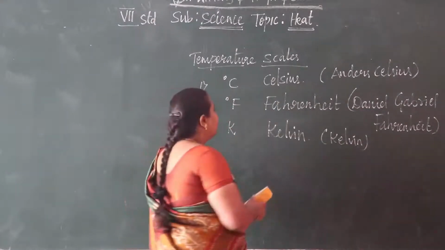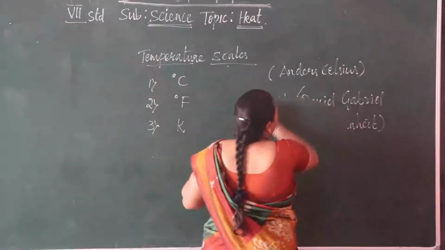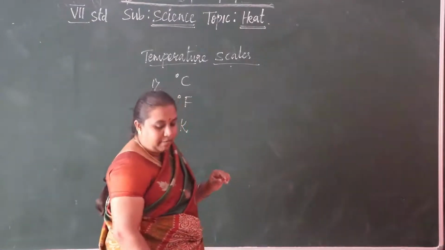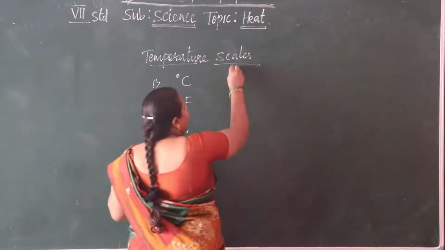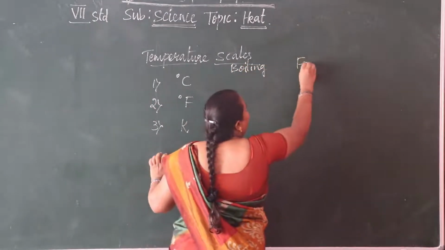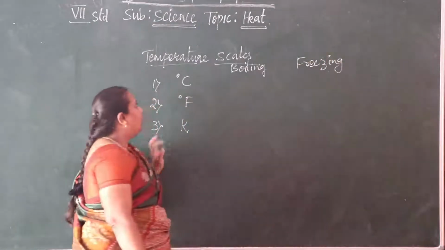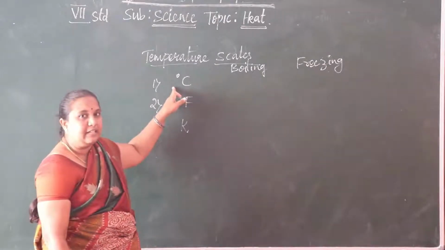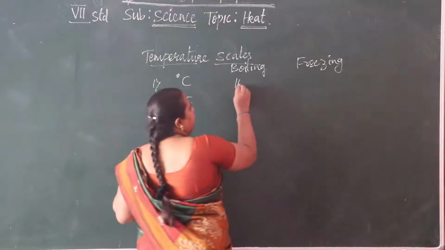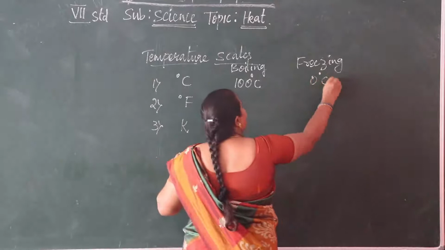Here we have the boiling point and freezing point. Boiling point means the high temperature. Freezing point means low temperature. In the Celsius scale, the boiling point of water is 100 degree Celsius and the freezing point is 0 degree Celsius.